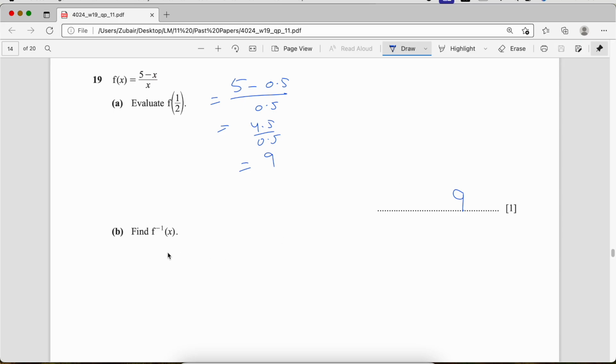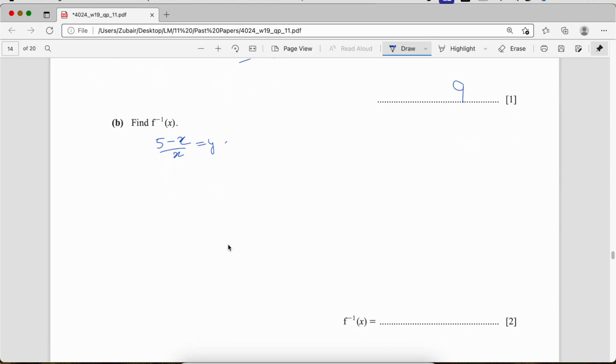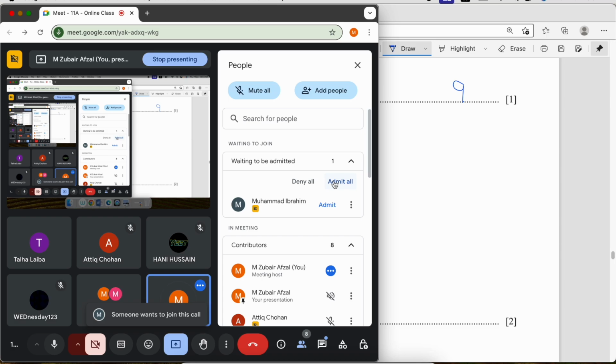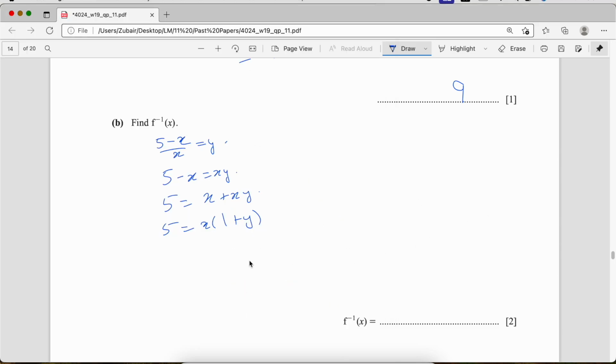f inverse. Step 1: 5 minus x over x is equal to y. Step 2 is make x the subject. 5 minus x is equal to xy. Collecting all the x on one side, taking x common, is 1 plus y, and 5 divided by 1 plus y is equal to x.